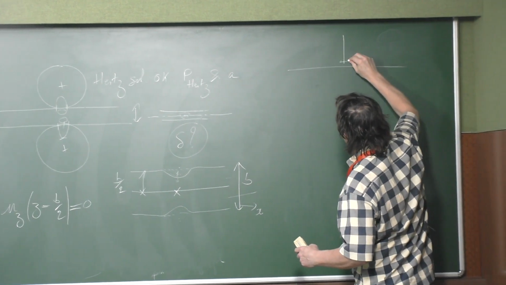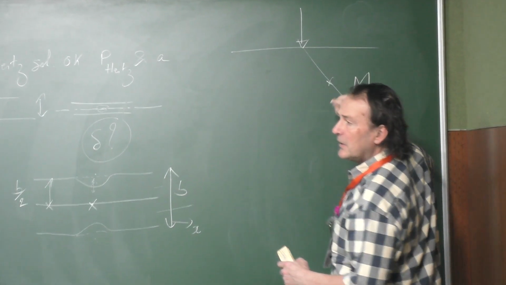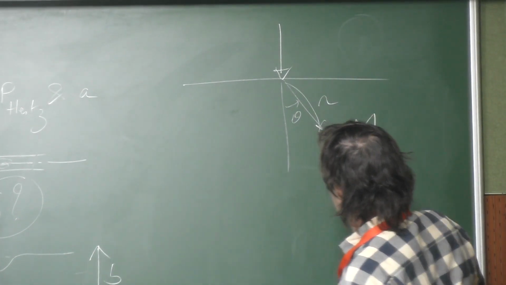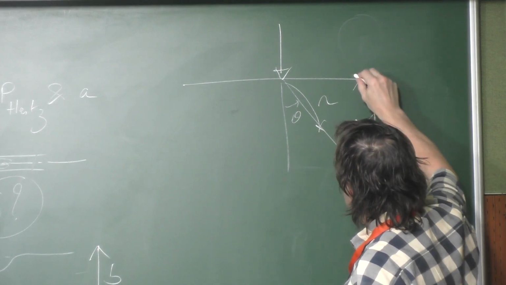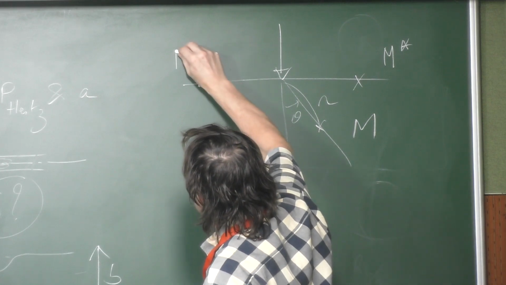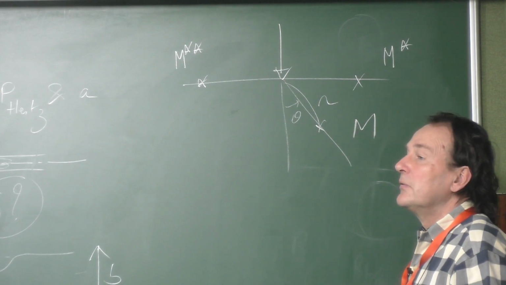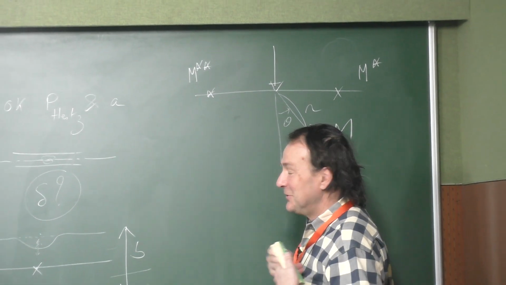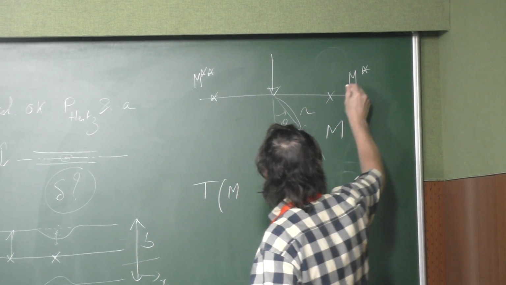And you have the point load here. We're interested by this point, M. I think there is here an angle theta. This is R. And we will calculate here and here the stress vector, which, with my notation, is T at M, for example, this point.